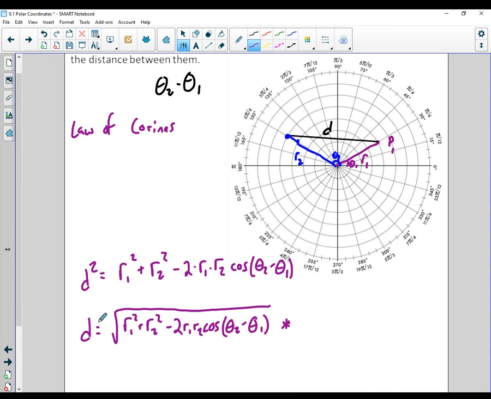So if you want to label it, you probably don't have to write this top one, but this is going to be the distance between 2 polar points. We'll give you guys time to get that down.